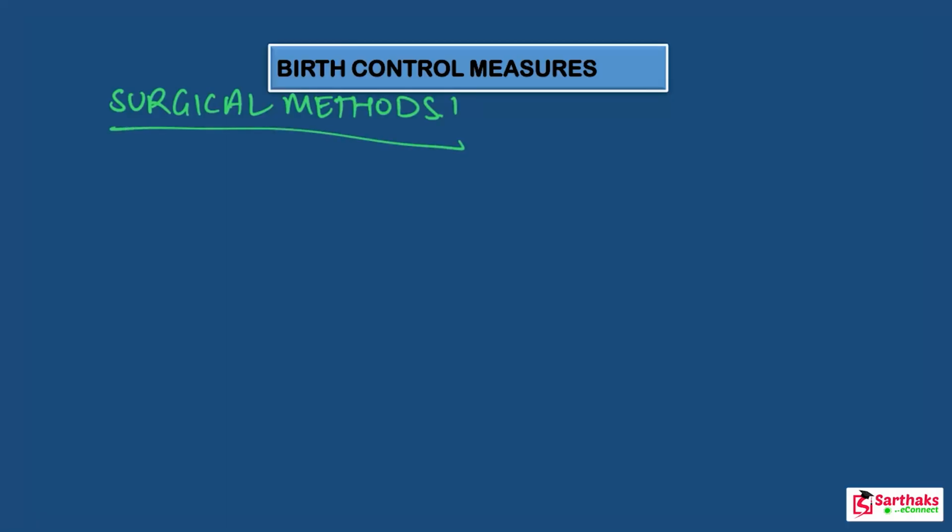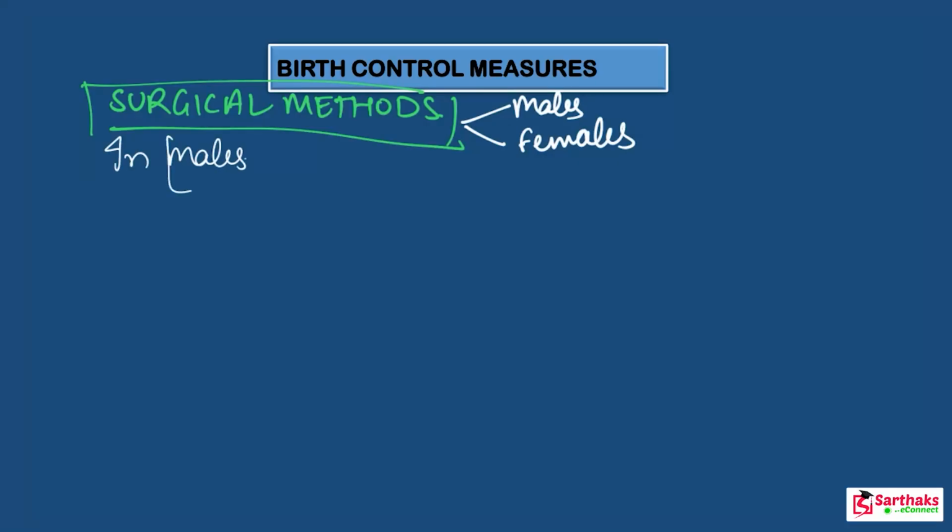Okay, surgical methods. So what happens here? Surgical methods of birth control are available for males as well as for females, both. Let me show you. In males, first of all, as you all know, present here are the testes.